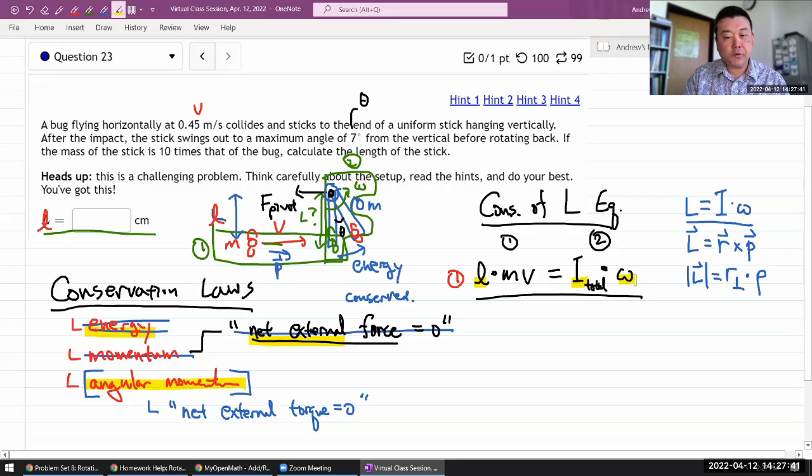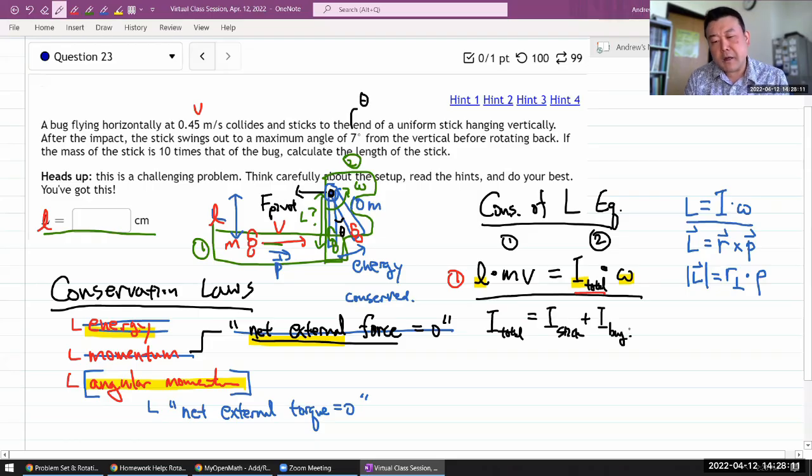That means I have to look for more information. I have to find more equations that will give me what I need. One thing I see immediately is this total rotational inertia. I feel like I should be able to write it out, so let me give that a try. The total rotational inertia is the rotational inertia of the stick plus the rotational inertia of the bug.